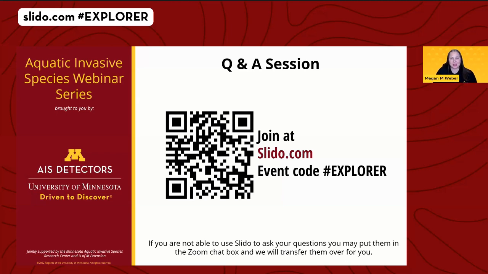Okay, next question. It says, this is an excellent tool to model different interventions. Can it also demonstrate effects of actual past and present efforts, or in other words, show the current baseline of education, boat inspections, etc.? Yeah, that's a great question. So it's not designed to measure what has been done.